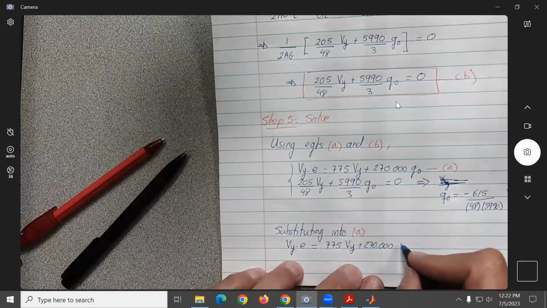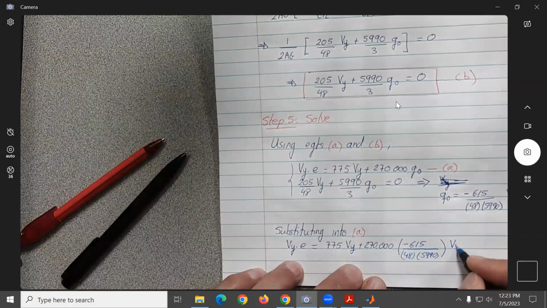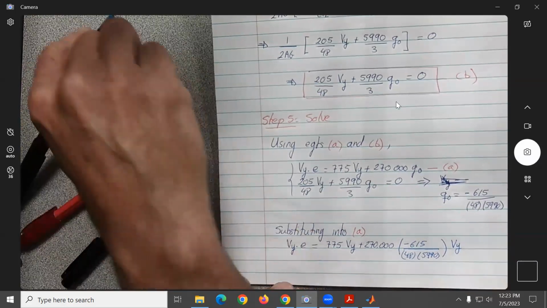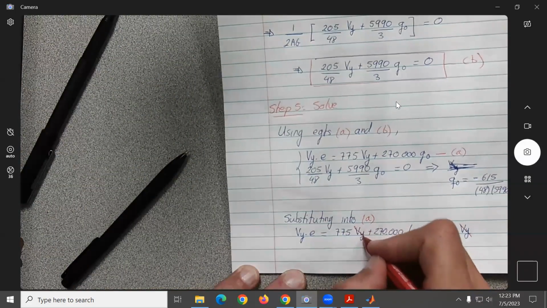negative 6,615 divided by 48 times 5,990 Vy. So in here you see that you can cancel all the Vys.